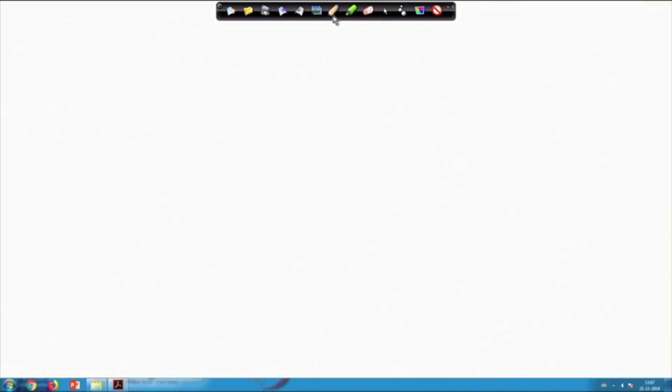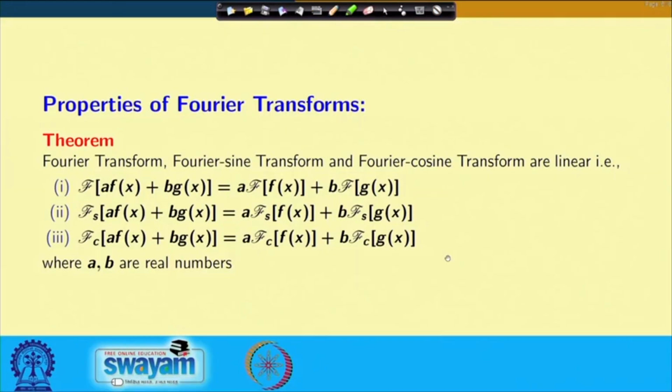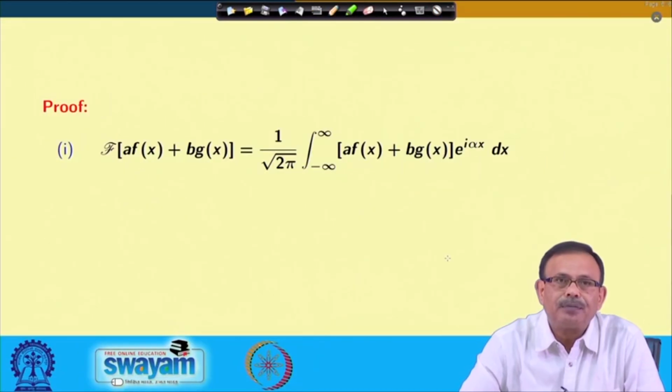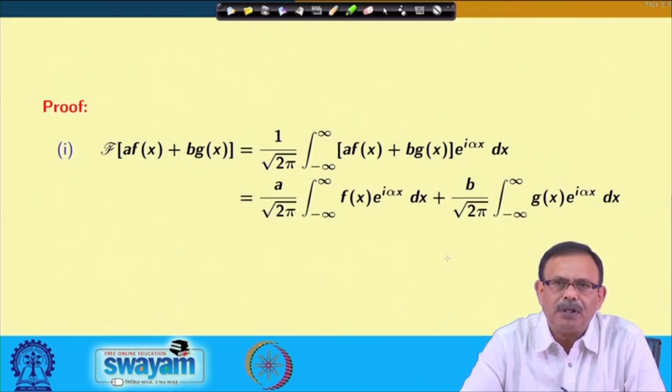Let us see it quickly. Here for the first proof, as I told you, Fourier transform of a f x plus b g x, from the definition I am writing this into e power I alpha x, integration over minus infinity to infinity, and break it into two integrals.